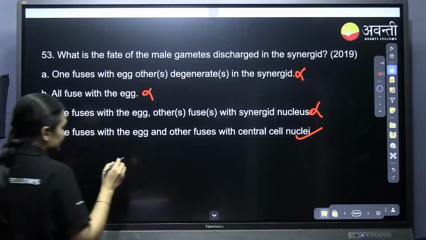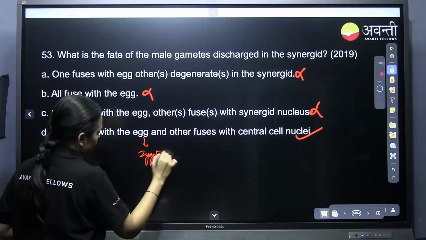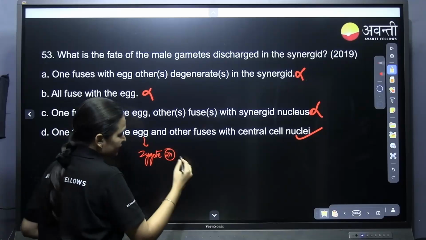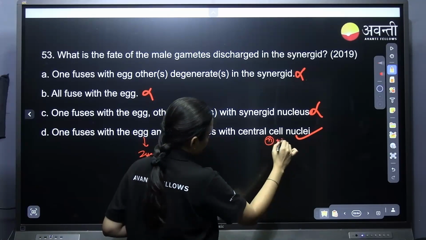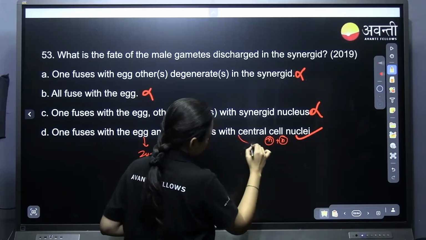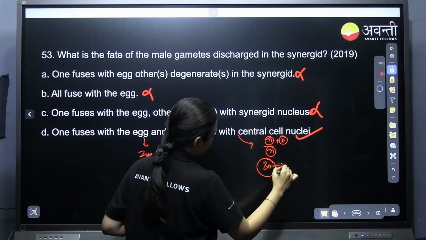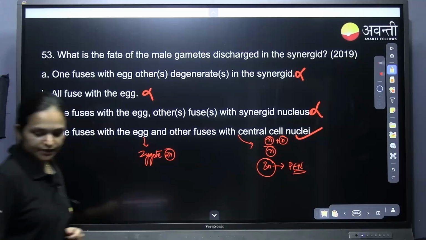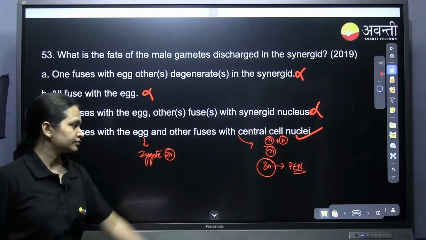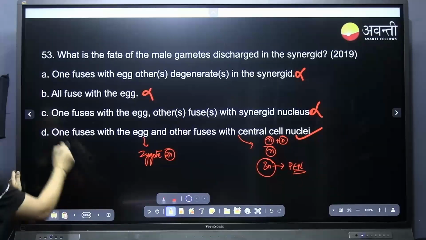One fuses with the egg, this results in zygote, which is diploid in nature, and another fuses with the central nuclei, which is n plus n, the polar nuclei already. If this comes and fuses, it becomes triploid, that is endosperm, isn't it? So this is a correct answer.